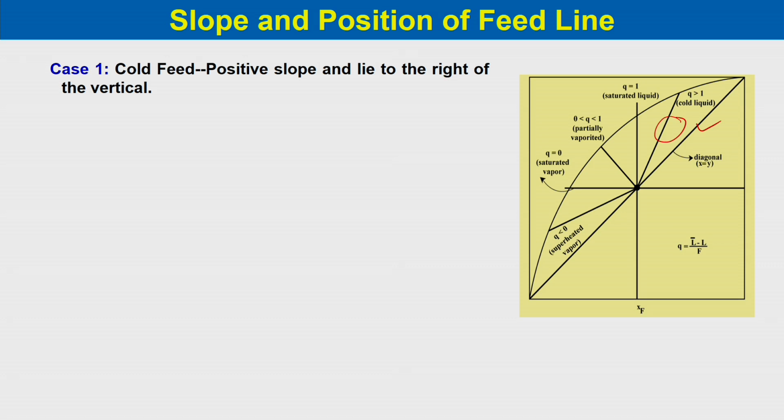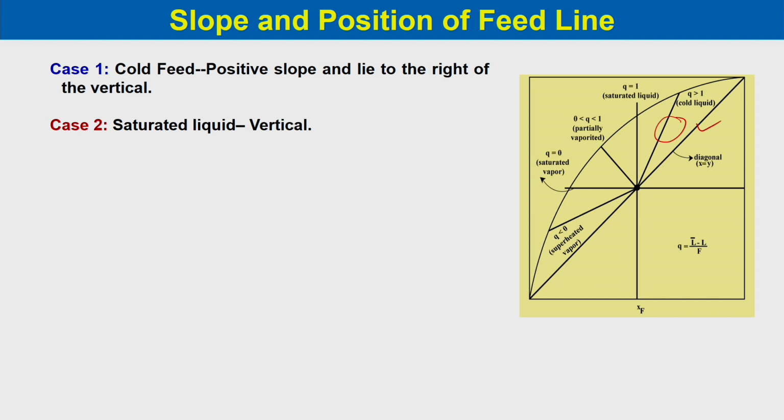Now, case 2, if we have saturated liquid, the feed is completely liquid at its bubble point and we need not heat it up, and the vapor which will come from the bottom of the tray will not be condensed on the feed tray.